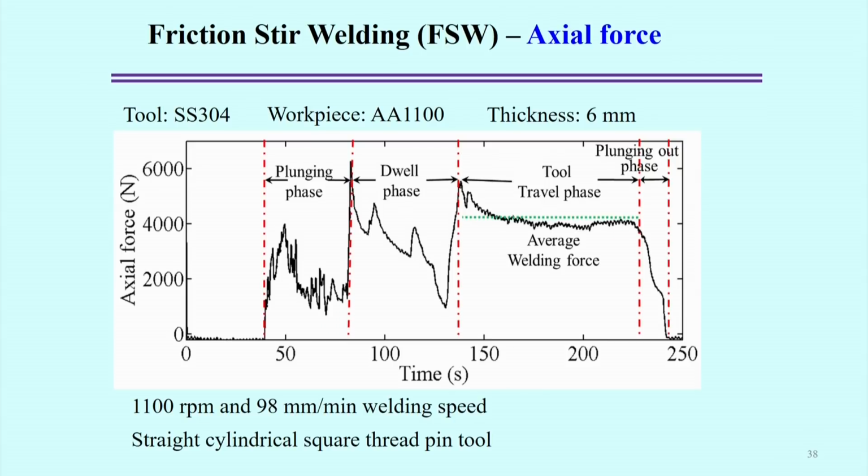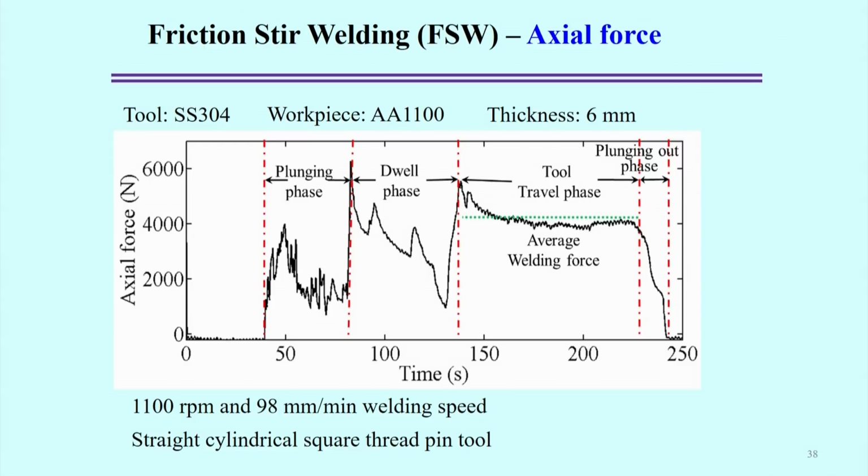So we look at the typical variation of the axial force, if we measure it using a dynamometer, across the different phases of the friction stir welding process and the typical profile of the axial force acting during FSW.